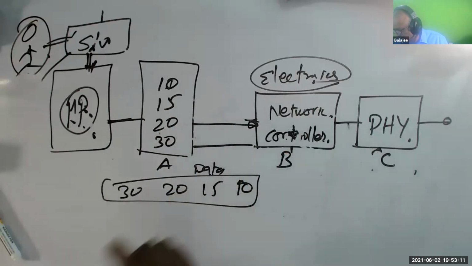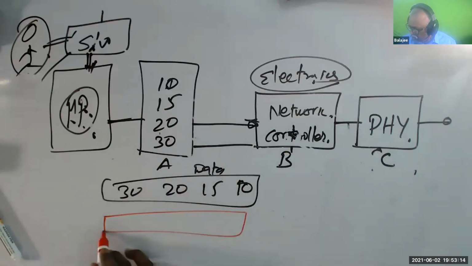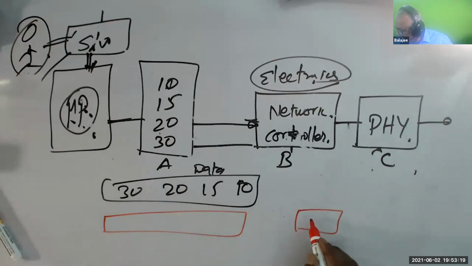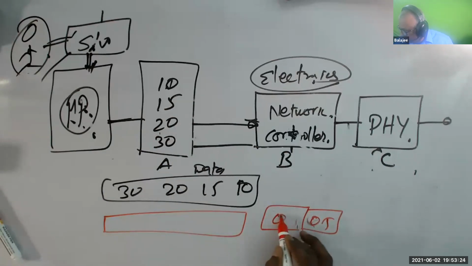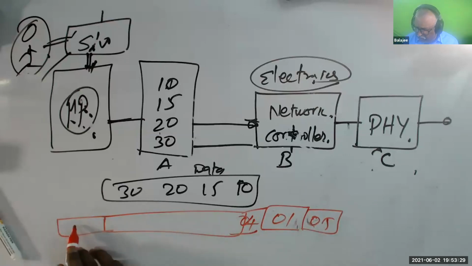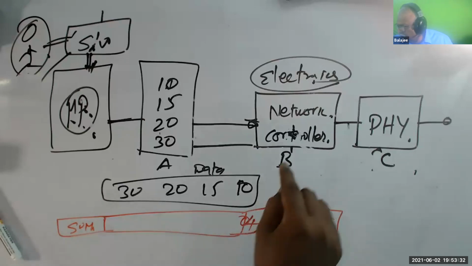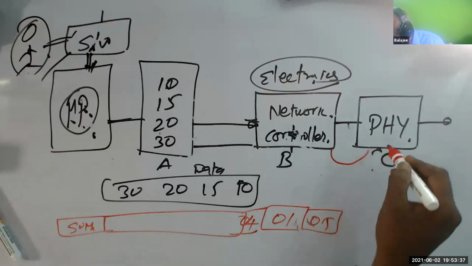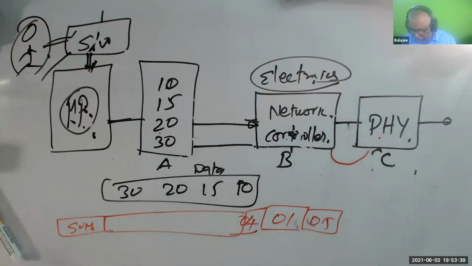What the network controller does is, he does not know what it is, but he is adding the to address, that is 05, from address 01, length is 4 bytes. Then he adds the sum. The sum is calculated by the network controller. Then he gives it to the PHY. What the PHY does is, he gets this full information.